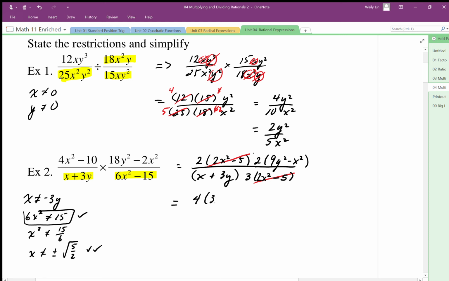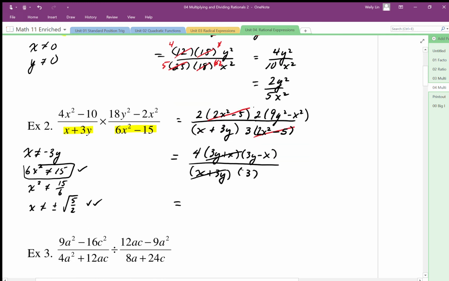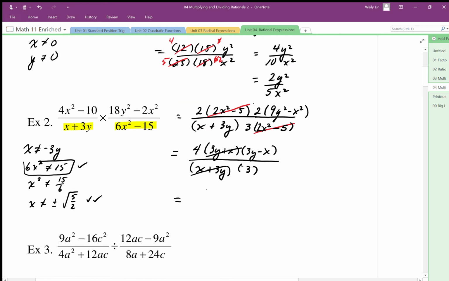This becomes 3y plus x, 3y minus x because it's a difference of squares. x plus 3y, well, there's my common factor. Although these are written backwards, it doesn't matter, they are still the same factor, and I have my factor of 3. So I can cancel these out, and my final solution is 4 times 3y minus x all over 3. So there's my simplified form with these restrictions.